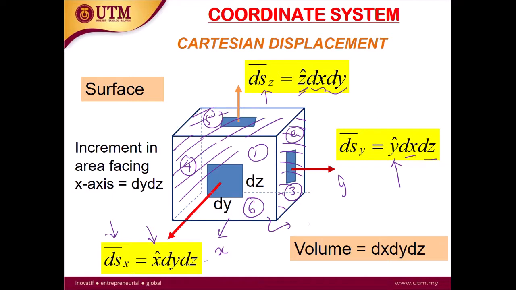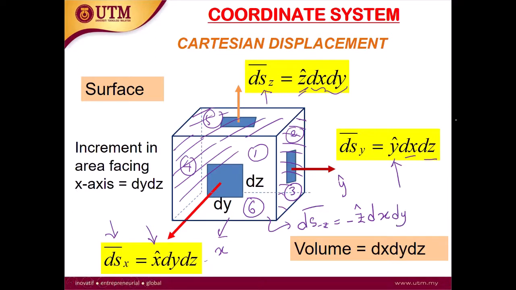We can define it as ds negative z, equal to, basically, the surface normal to the negative z direction. So we put negative z, and then the increment is the same as the top, so it has dx dy.